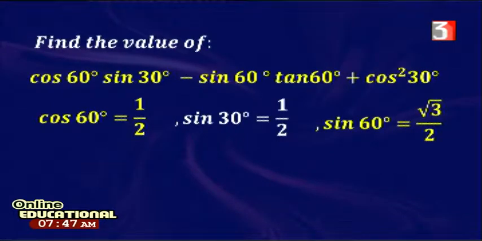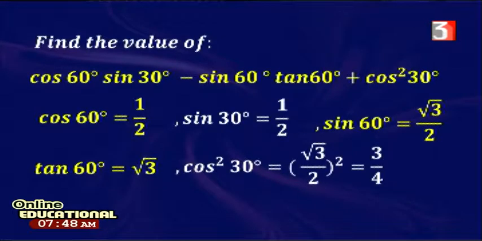It is opposite over hypotenuse, to obtain root 3 over 2. What about tan 60? It is opposite over adjacent, which is root 3 over 1, giving root 3. Then for cosine squared 30, you first find cosine 30.